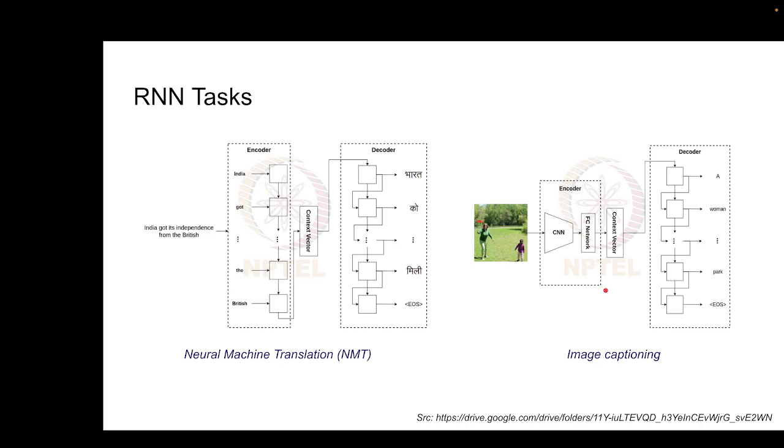Just to give a brief summary of what we have been talking about: we talked about neural machine translation, where due to the vanishing gradient problem of the RNNs, the context vector is affected. This is the source sentence and this is the translated sentence, so you are translating from English to Hindi in this task.